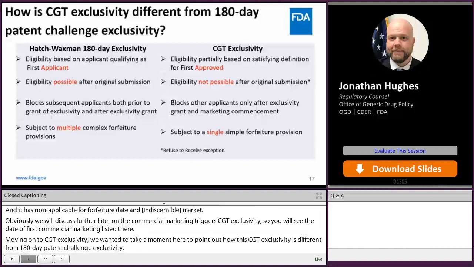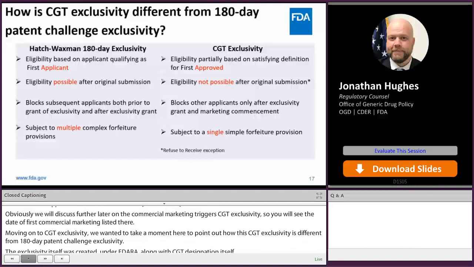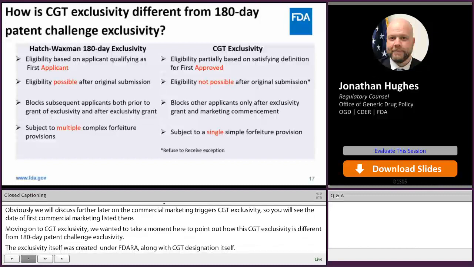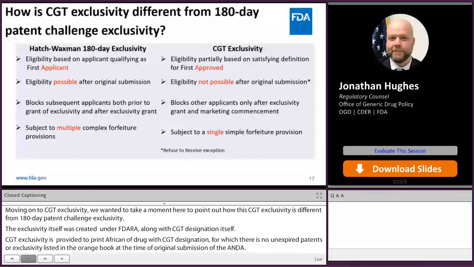CGT exclusivity is provided to the first approved applicant of a drug with a CGT designation for which there's no unexpired patents or exclusivities listed in the Orange Book at the time of original submission of the ANDA. It's intended to incentivize competition for drugs not protected by patent or exclusivity and for which there's inadequate generic competition.